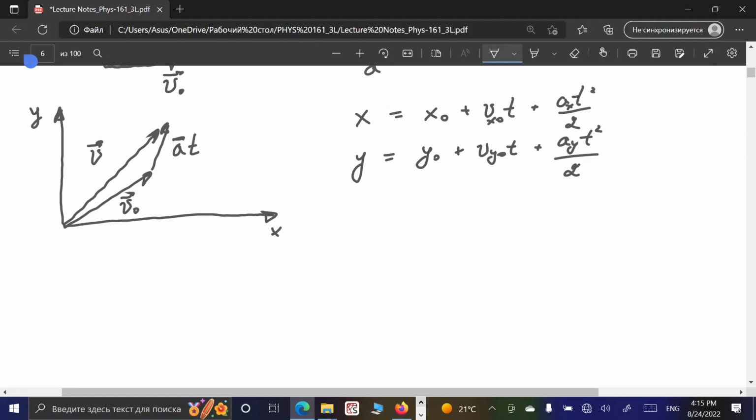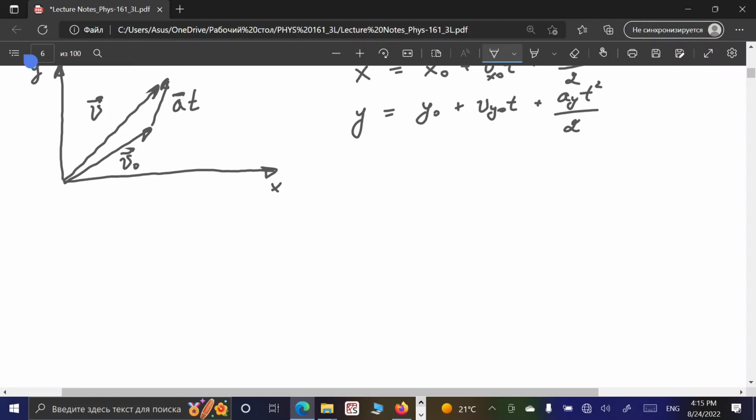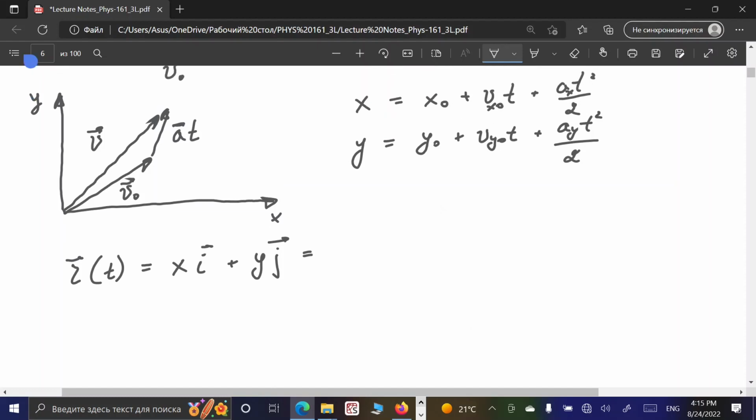So now let us introduce it already in a vector form. When we have position vector as a function of time, that will be equal to, as we mentioned earlier, x times i unit vector plus y times j unit vector. That is equal to, instead of x, we substitute this expression.